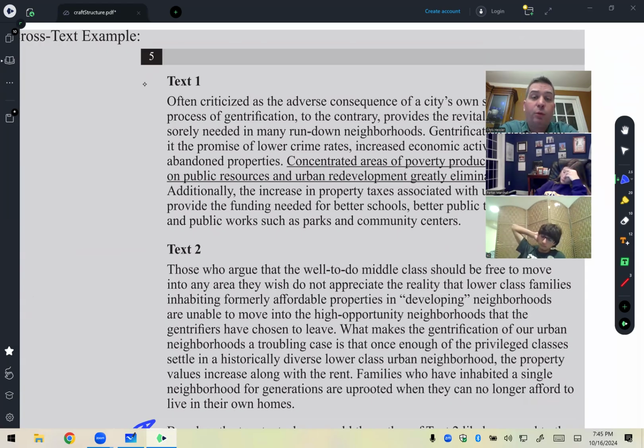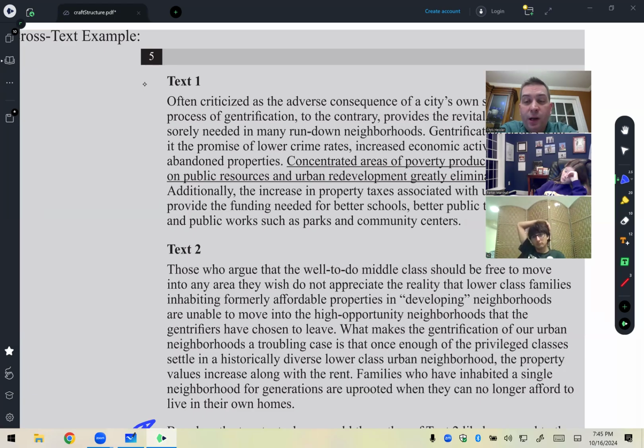Those who argue that the well-to-do middle class should be free to move into any area they wish do not appreciate the reality that lower-class families inhabiting formerly affordable properties in developing neighborhoods are unable to move into the high-opportunity neighborhoods that the gentrifiers have chosen to leave.